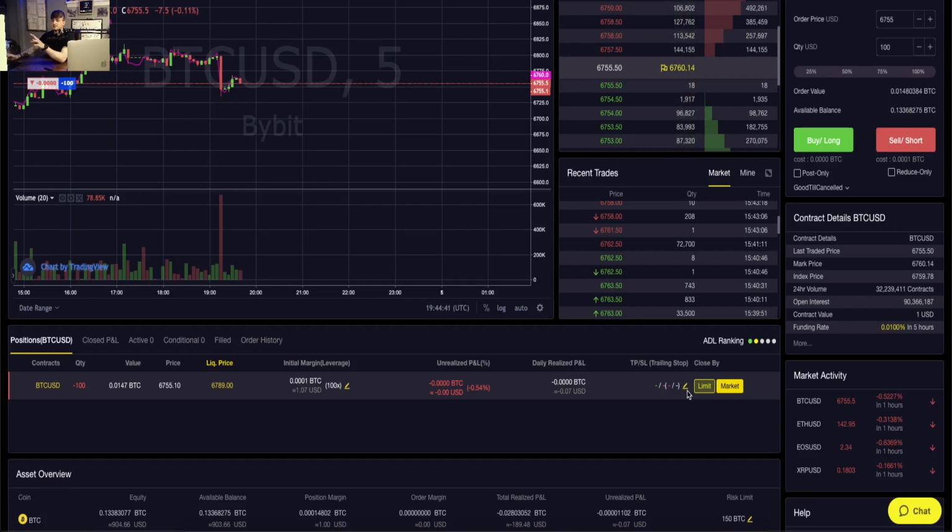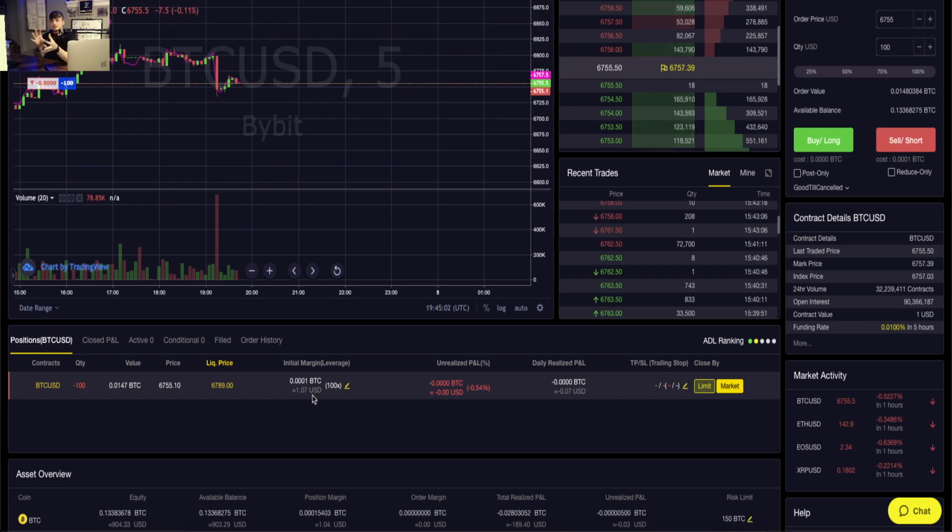And if this does not go down and it goes up and it hits this liquidation price right here, which is 6789, which is only right here. So if Bitcoin just turns around and goes right over here, I lose this whole position. This gets liquidated, I lose my money, and that's it. So that's the risk involved in using 100x.